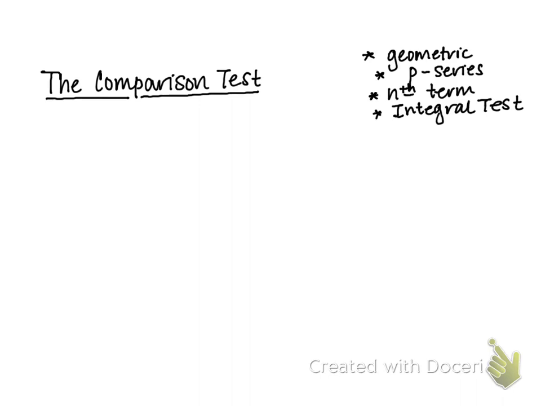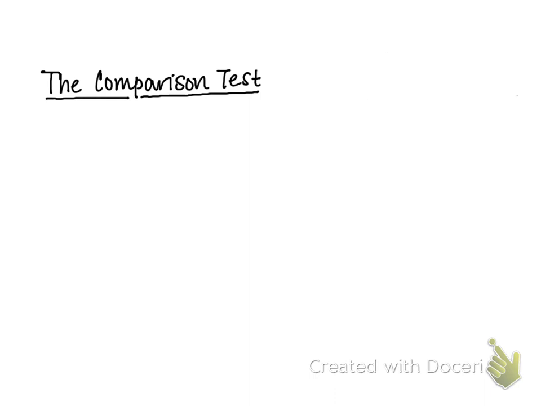All right, so what is the comparison test? Given two positive term series. So let's say we are given one series with nth term a sub n and one series with nth term b sub n, and they are positive term series.